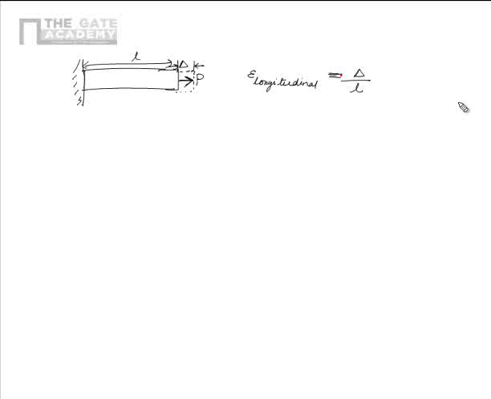But it has also been seen that the bar decreases in the other dimensions. So actually the deformation is like this. There is a change in its lateral dimension also. This is the lateral dimension.